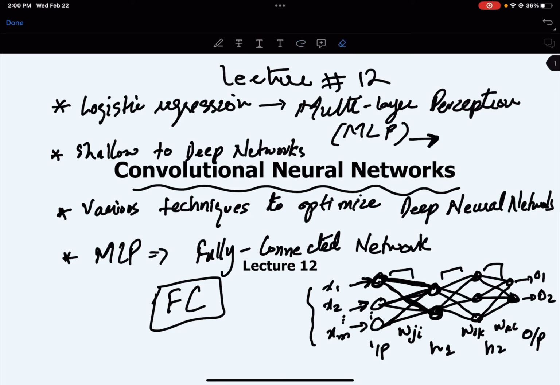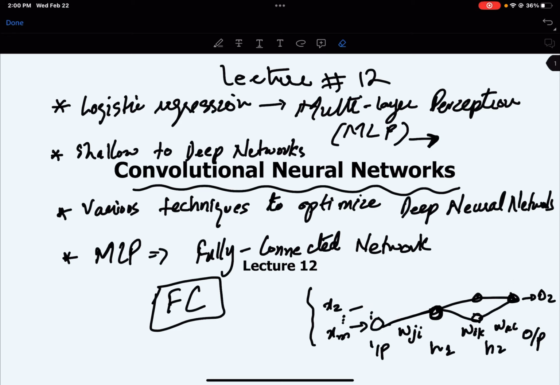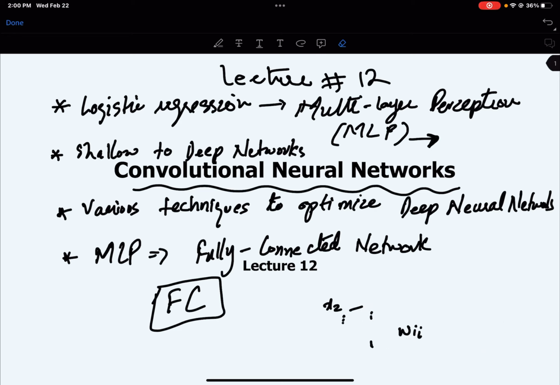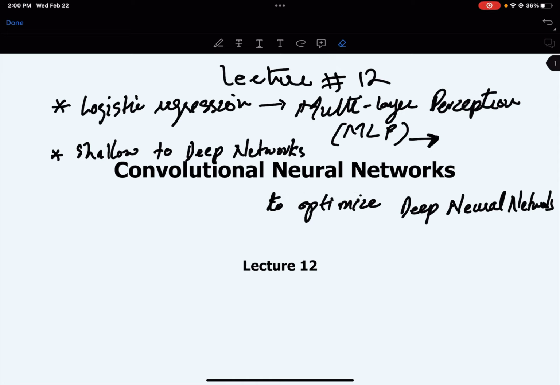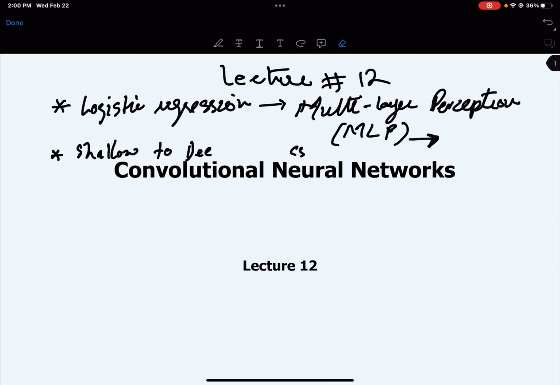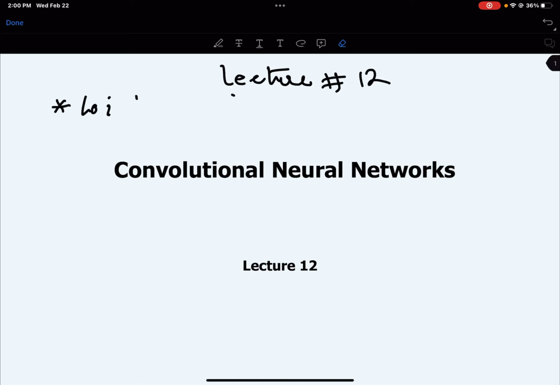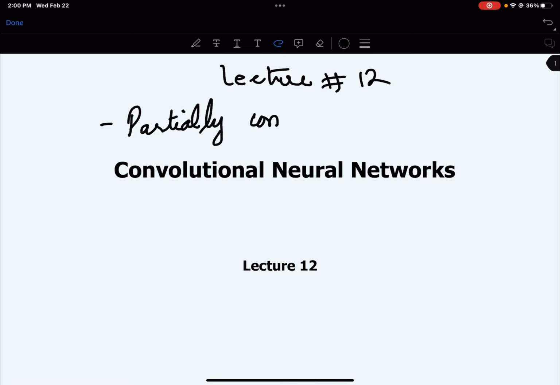And in today's lecture, we are going to cover convolutional neural networks where the nodes have partial connectivity to the nodes of the preceding layer.